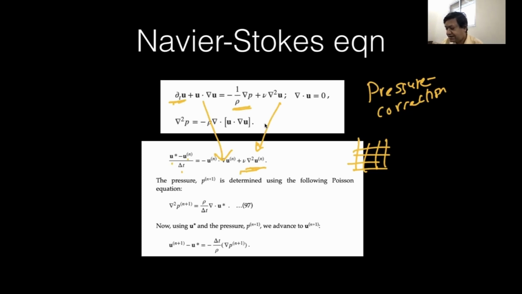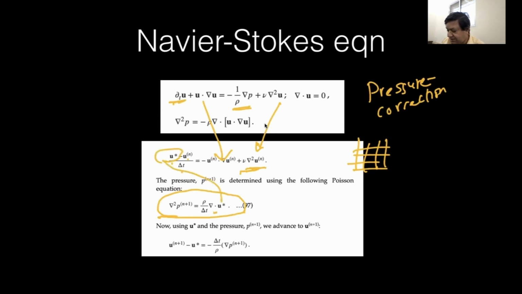After that, we want to compute pressure in the following manner. Laplacian of Pn plus 1 at the next time step. Please remember, I'm computing pressure at the next time step. It is rho by delta t divergence of u star. So this u star is available.